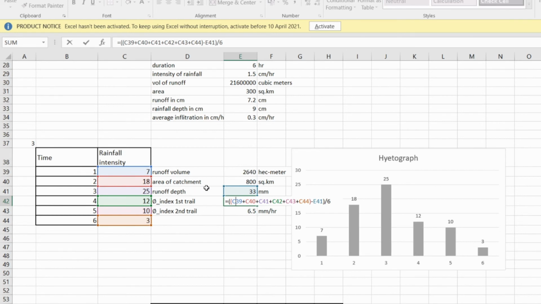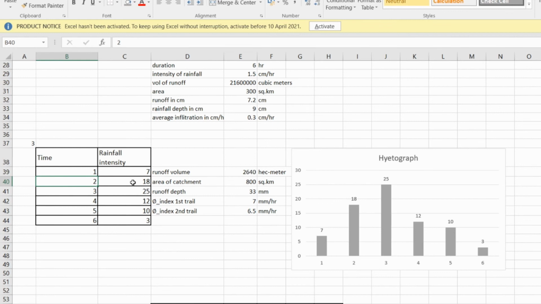So in the first 1 hour, the total rainfall that has happened is equal to 7. Now going to the next. In the second hour, or the second interval of 1 hour, we have a rainfall intensity of 18, right? So 18 is the total depth of rainfall that has happened in the second hour.